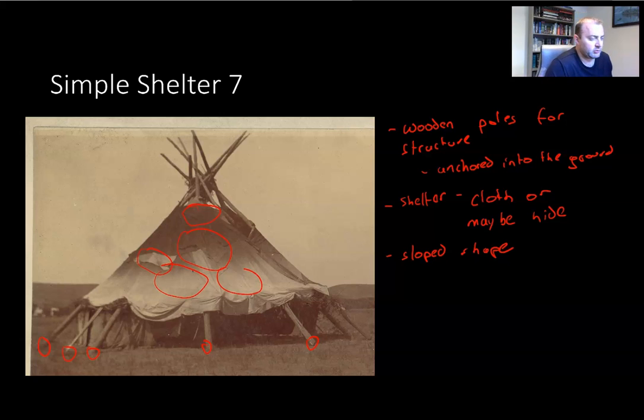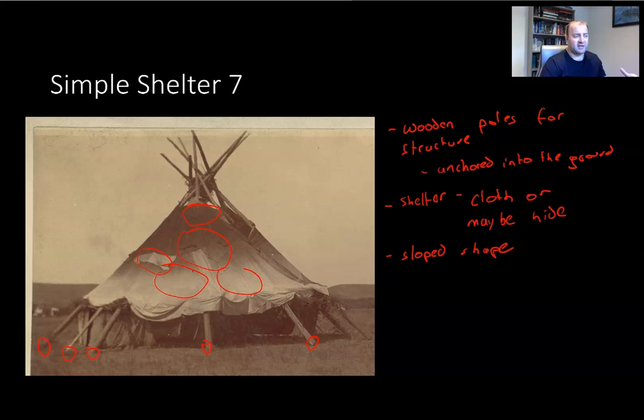Now, kind of what we're seeing here, we'll just go over some of the common elements that we've seen so far. Generally, we have something a little bit sturdier. A lot of times it's wood, maybe sometimes just sturdy grass, providing the overall structure of the shelter. That's not the entire shelter itself. The shelter itself seems to be built out of something lighter. So we saw grass, we saw leaves, in this case we're seeing hide, we saw bark.